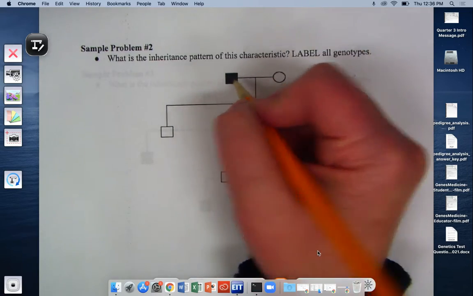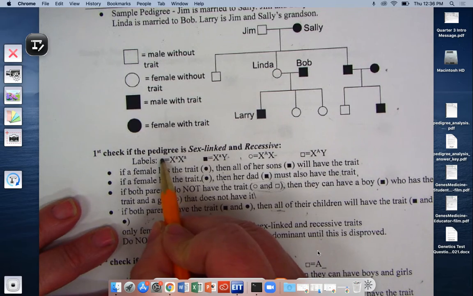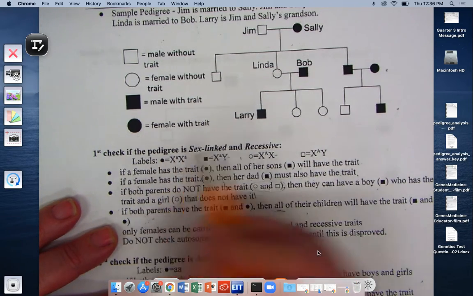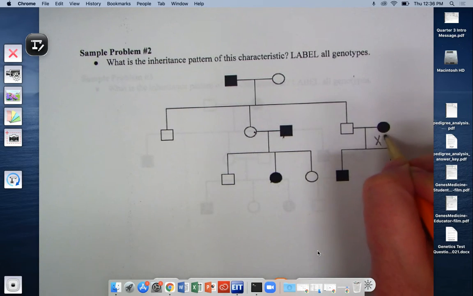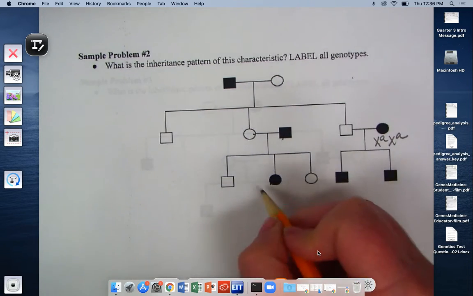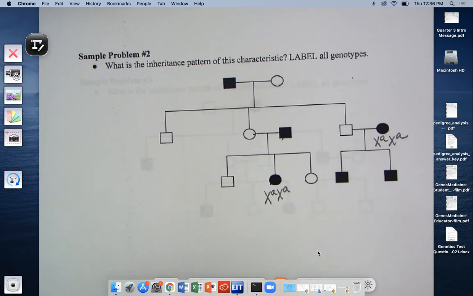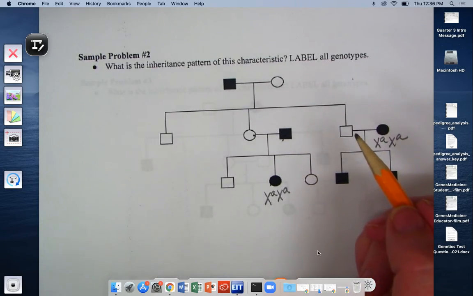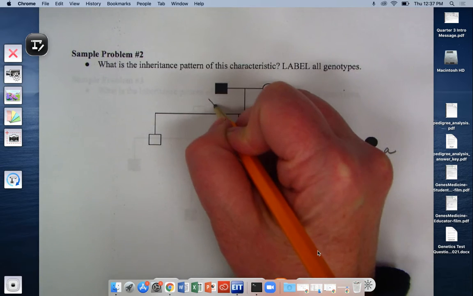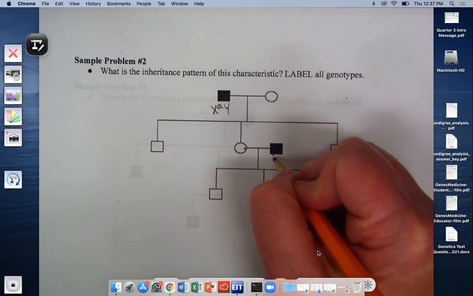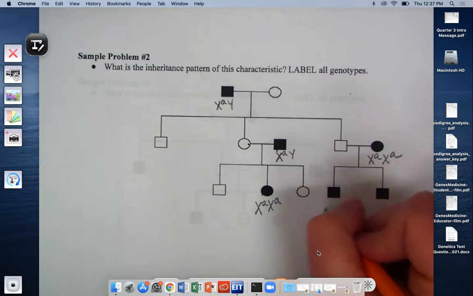But if we start filling this out, again, looking at our labeling, a girl who has it is X little a, X little a. So we'll go ahead and fill out that. So there's the girls. Again, I usually just try to focus on one at a time. It helps me keep it apart. Okay. If a boy has it, X little a, Y. So this is really when it counts for the boys and the girls, right?